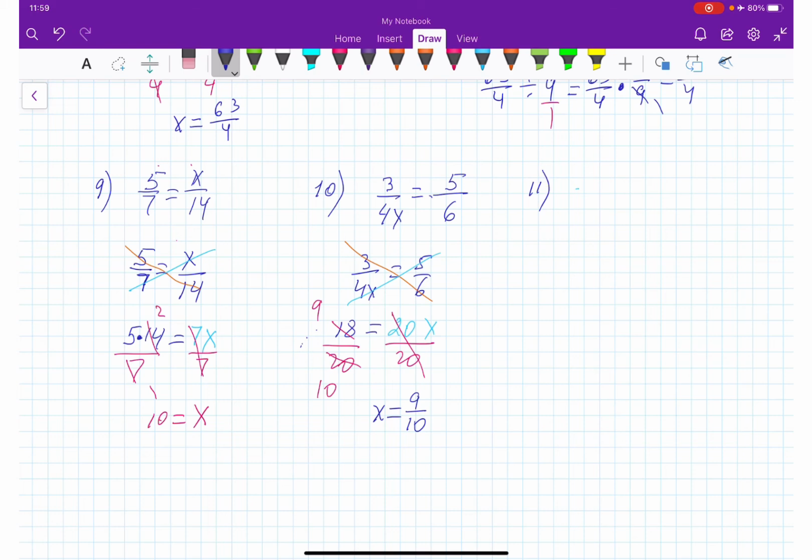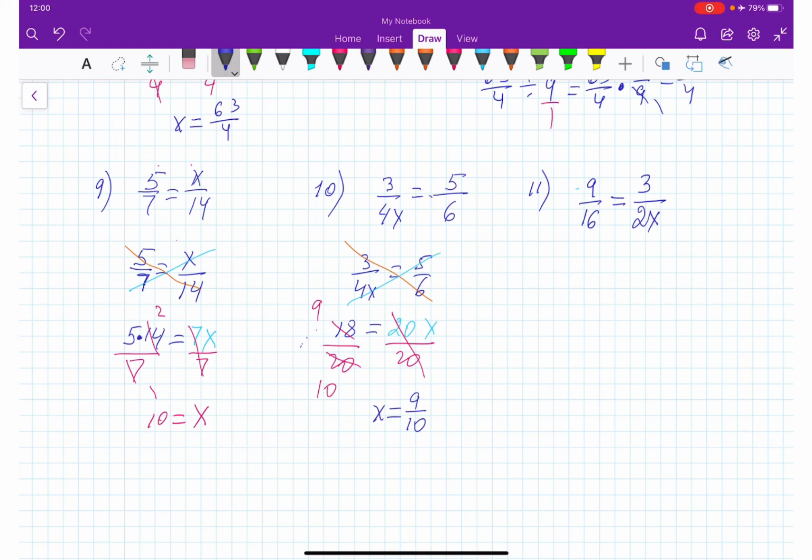Okay, solve for the proportion. It's going to be 9 over 16 is equal to 4 over 2x. Okay, then since I have 2, let me change this 4 into 3.